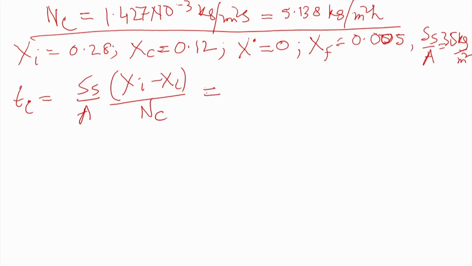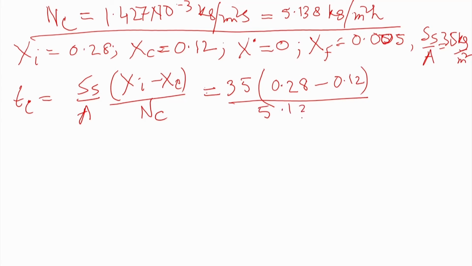Ss by A is 35, Xi is 0.28, and Xc, the critical moisture content, is 0.12, divided by Nc, which we got as 5.138. Since Nc is in terms of hour, the result is 1.09 hour.